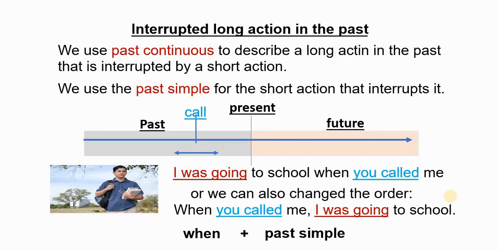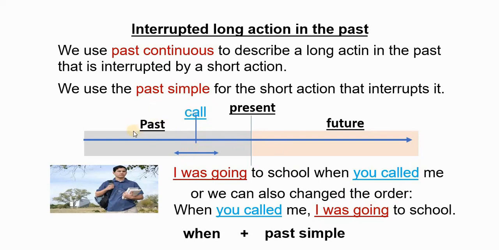Okay, I was going to school when you called me. So this is a short action. You called at a specific time, and this interrupts the long action. So here is the call, the phone call at a specific time in the past.